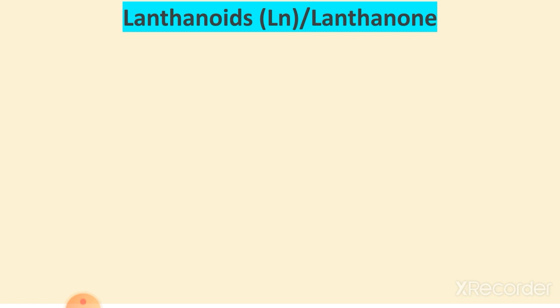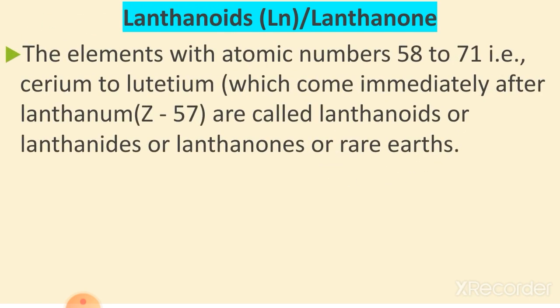Now dear students, let us focus on the lanthanoids. The elements with atomic numbers 58 to 71, that is cerium to lutetium, which come immediately after lanthanum having atomic number 57, are called lanthanoids or lanthanides or lanthanones or rare earth elements. So these are the other names of lanthanoids.